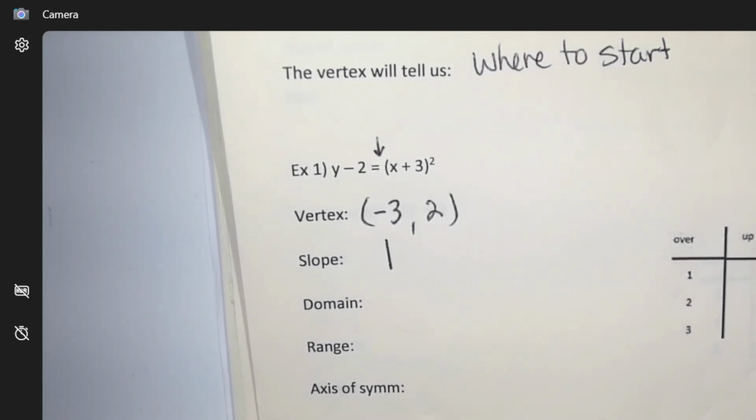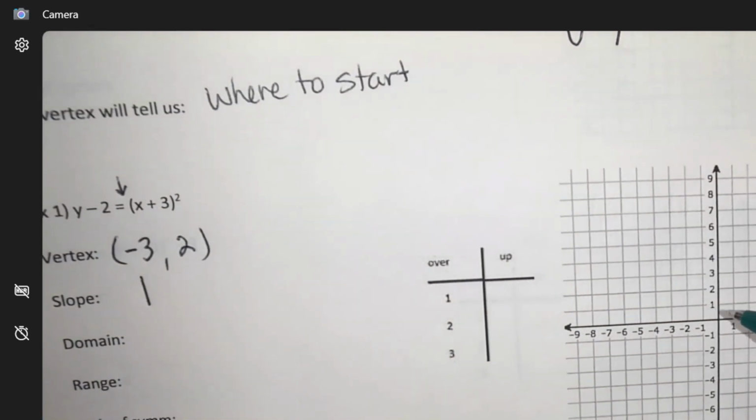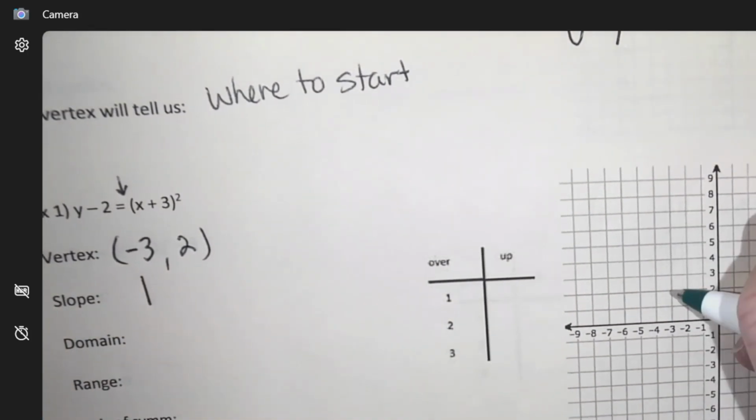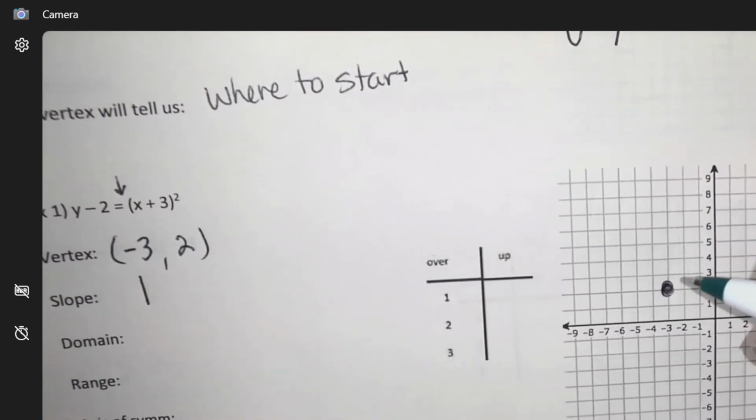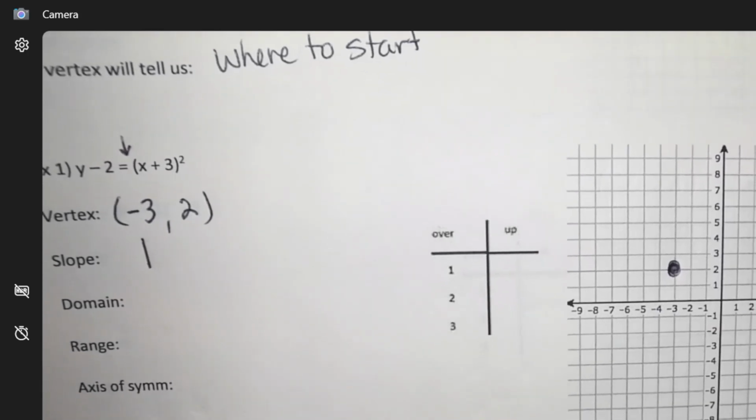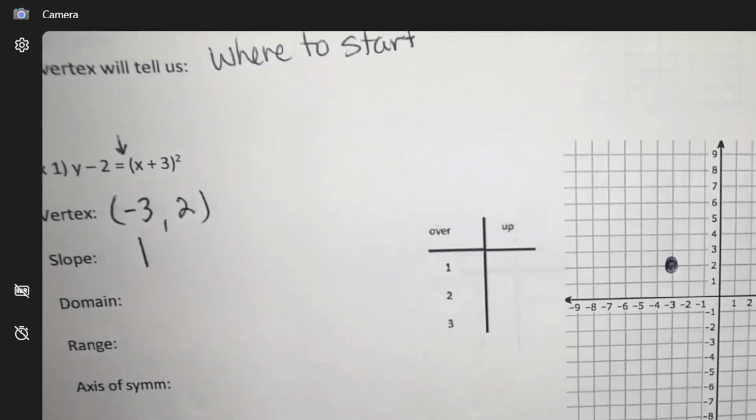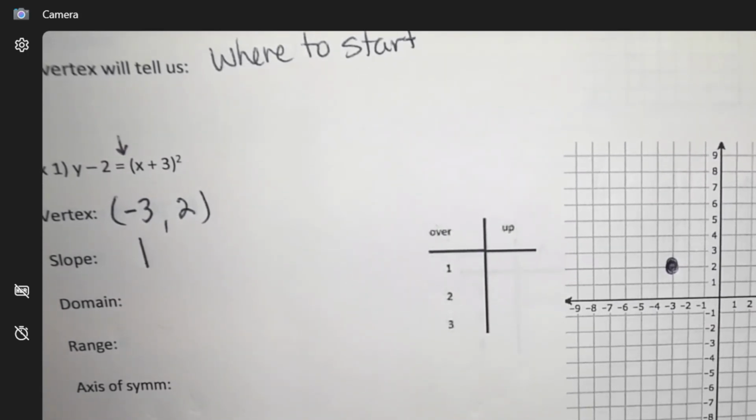Okay, we're going to graph this. You ready? So go -3, 2. So left 3, up 2, and draw a point. Okay, yesterday we talked about the pattern.